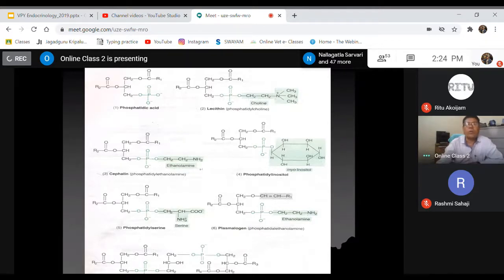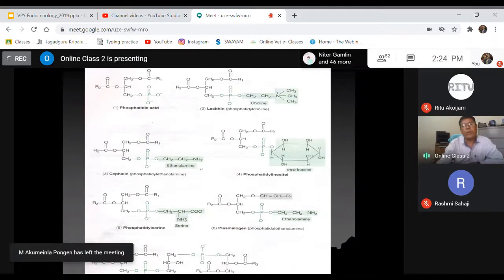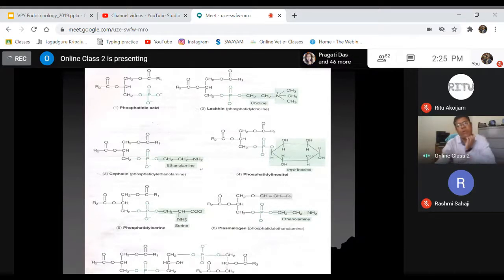To this phosphatidic acid, if another alcohol group is attached, here it is choline. Choline has CH2 and then three methyl groups, CH3, attached to the nitrogen. So this alcohol is linked to this phosphoric acid, meaning another alcohol is linked to the phosphatidic acid.